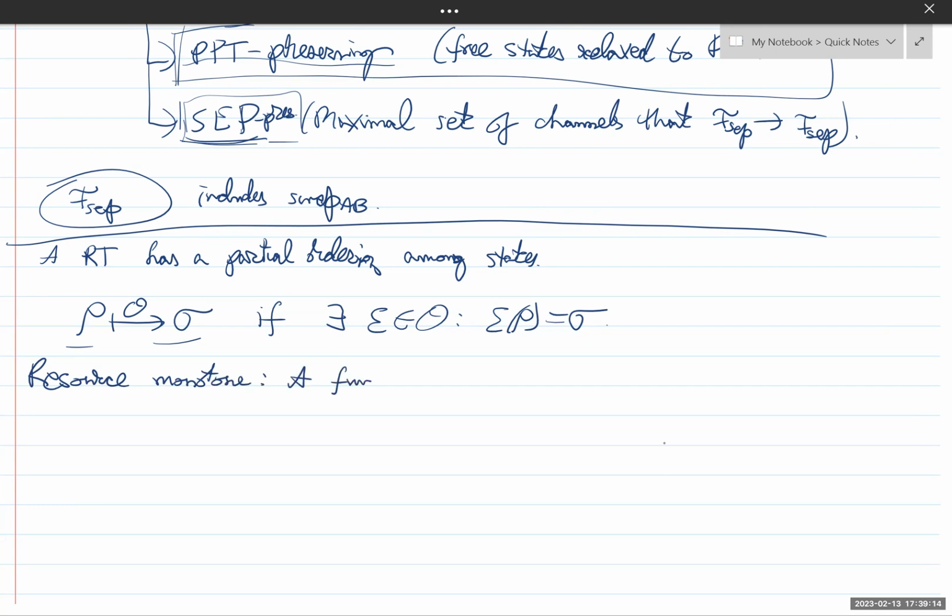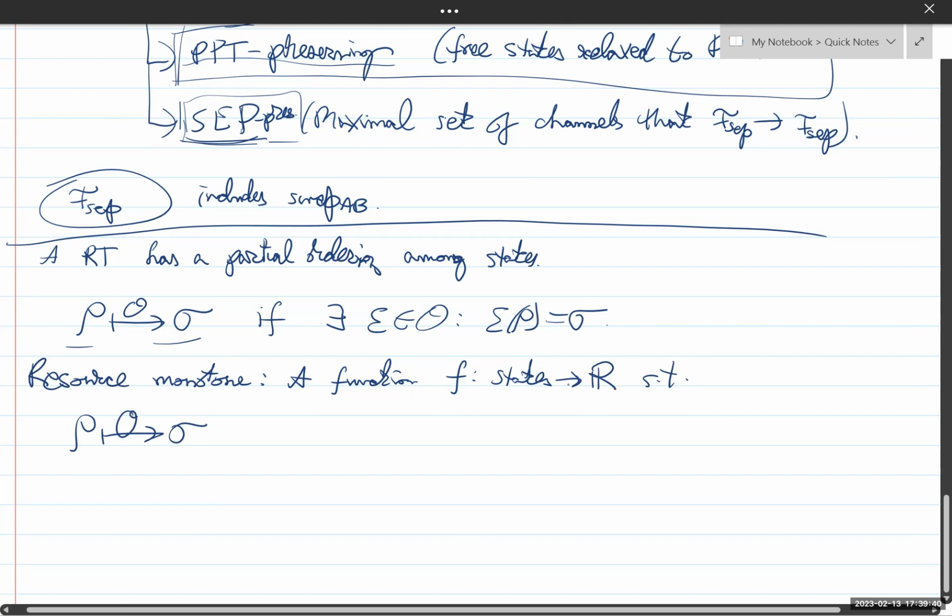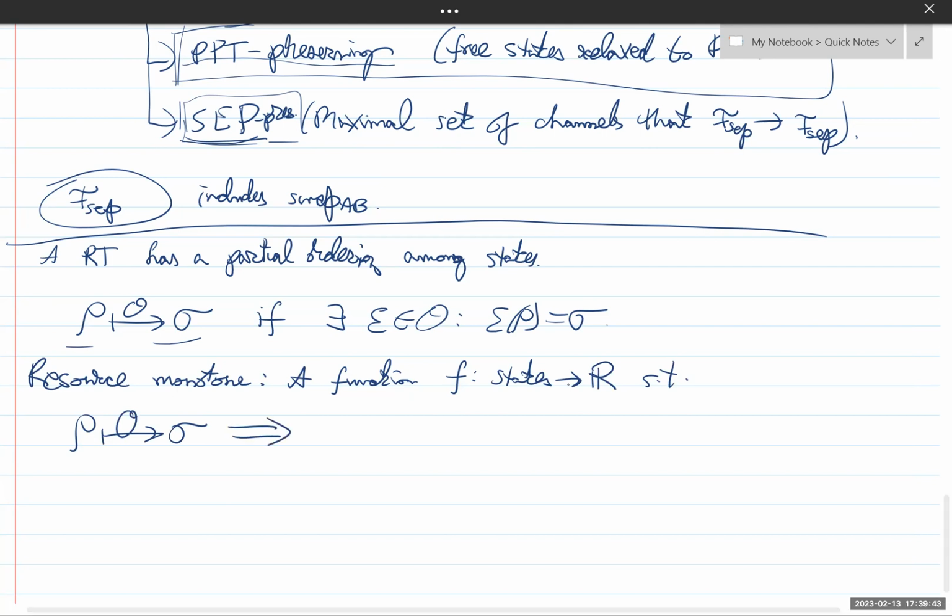A function f from states to the real numbers, such that, sorry for my poor handwriting, such that this necessarily implies that f of rho is no smaller than f of sigma, right?